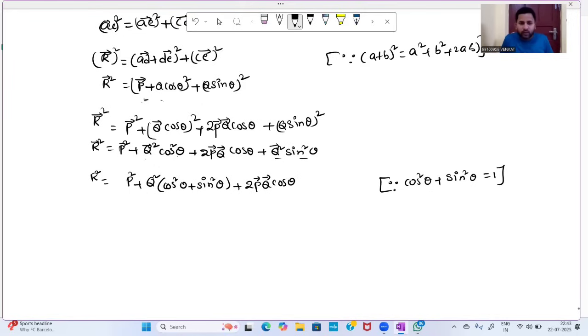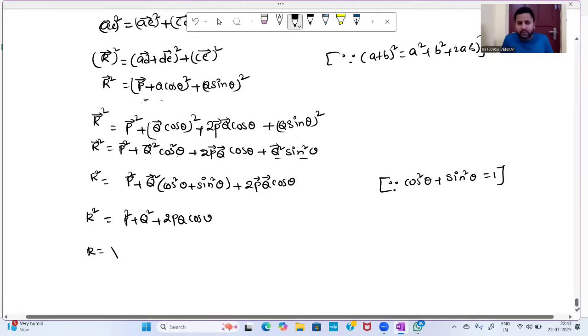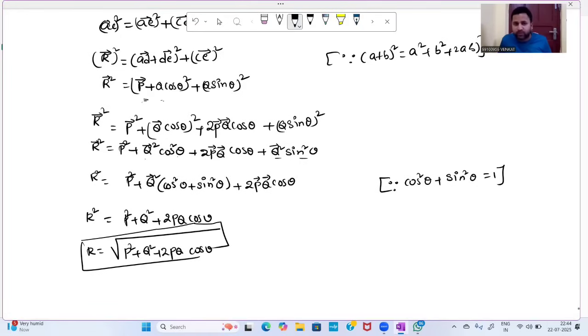Then substituting, R square equal to p square plus q square plus 2pq cos theta. So the resultant magnitude R equals the square root of p square plus q square plus 2pq cos theta. This is the resultant magnitude of the vector.